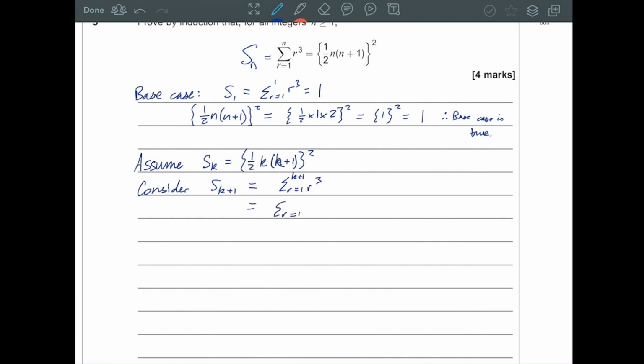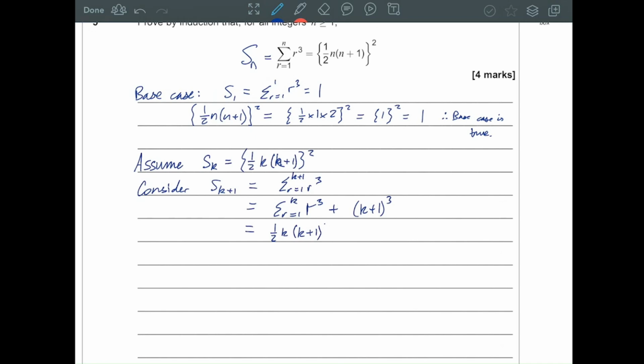But as is the norm for basically all induction questions, certainly when you've got summation, we're going to pull off that last term. The sum up to k is exactly our inductive hypothesis.